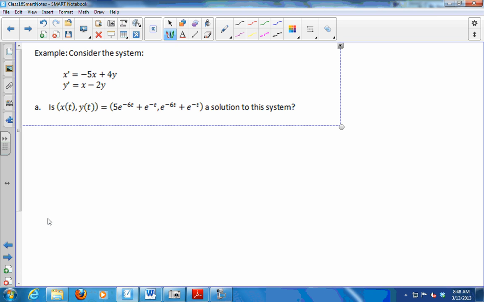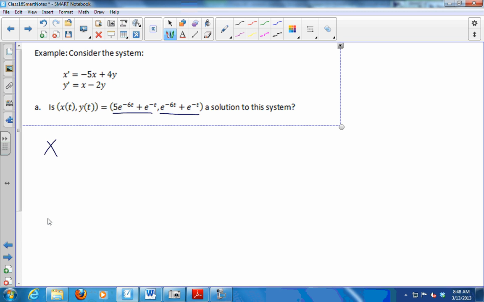So I have x prime is negative 5x plus 4y, y prime is x minus 2y, and I've got 2 functions, x of t and y of t. I've written in vector notation. So this is my x of t function, this is my y of t function. I want to know if this is a solution to the system. So if it is a solution, then x prime has to equal negative 5x plus 4y, and y prime has to equal x minus 2y.